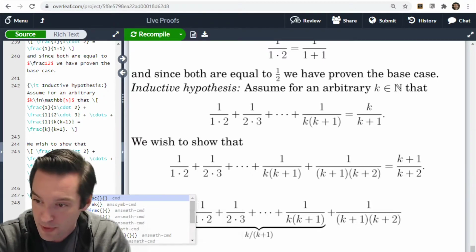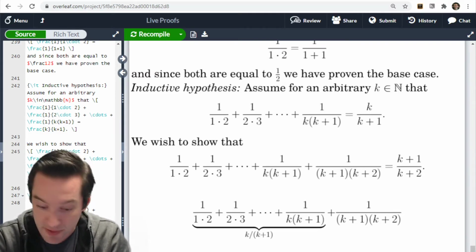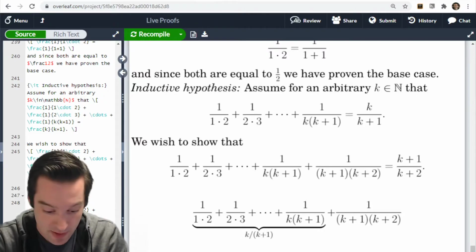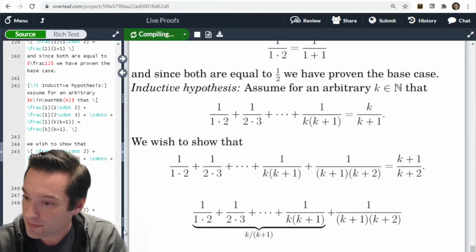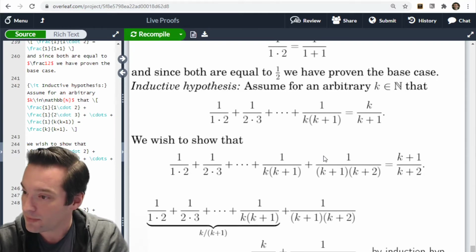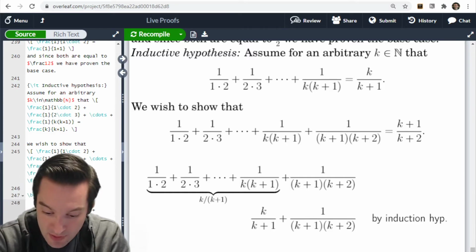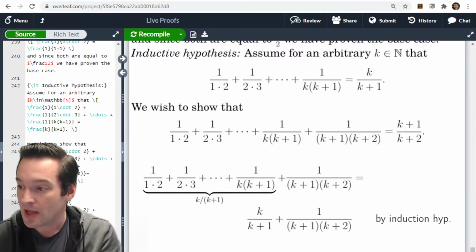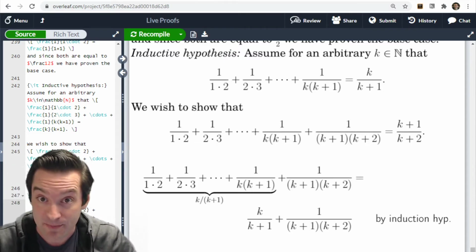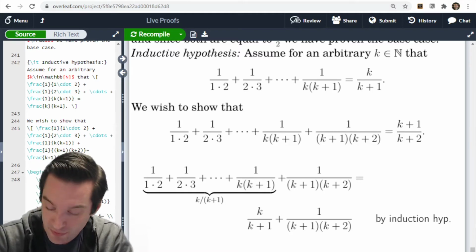Somewhere we will make the connection for the reader that the reason we can make that replacement is because we have taken the inductive hypothesis. So I'll say somewhere here, by induction hypothesis. Looks like I need an equal sign somewhere, I'll just put that there. So that's equal to k over k plus 1 plus that last remaining term. Now here's where the rational fraction arithmetic that we were doing before comes in.